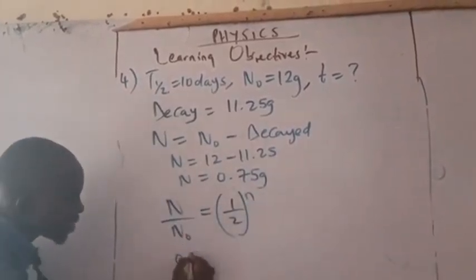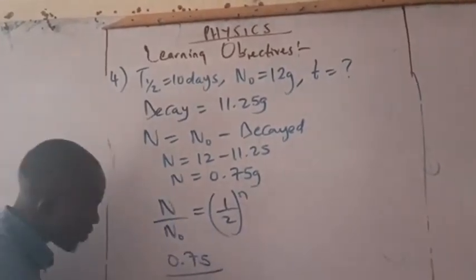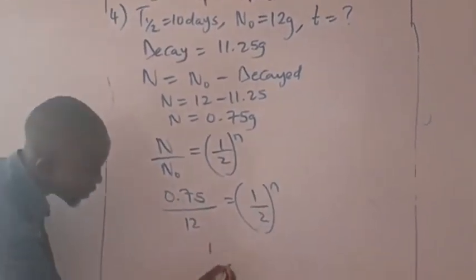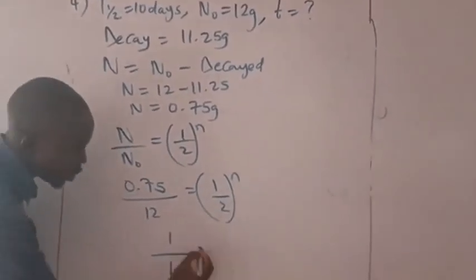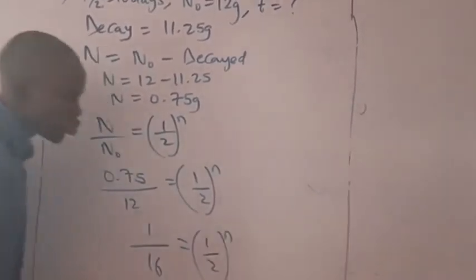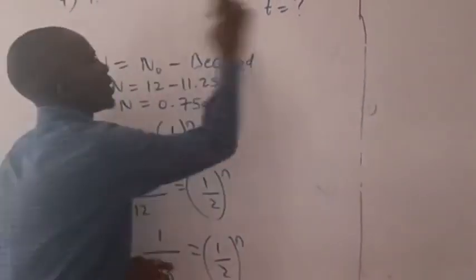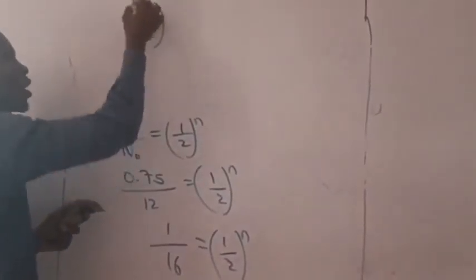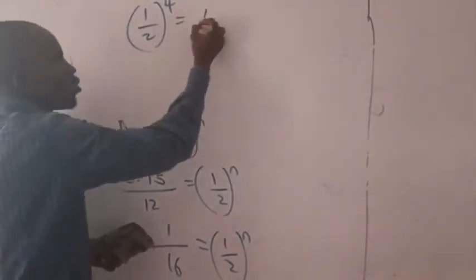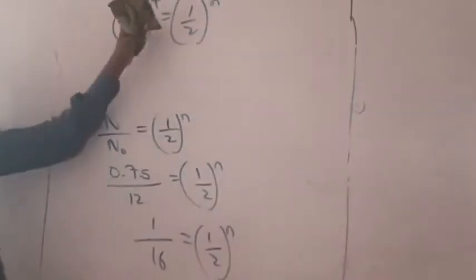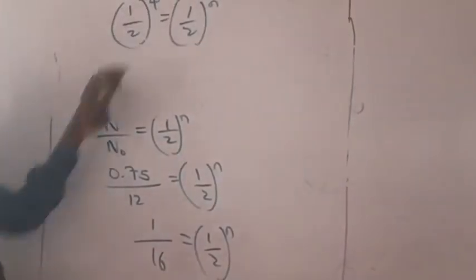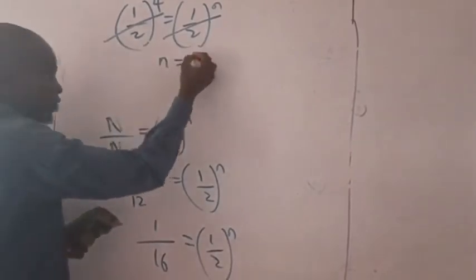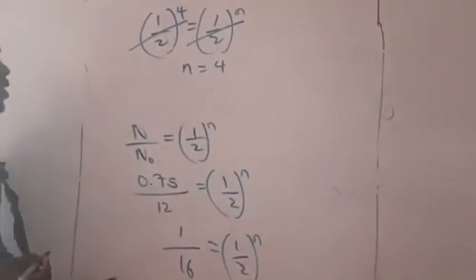Our N is 0.75, N0 is 12, equals 1 over 2 all raised to n. 0.75 over 12 gives 1 over 16, equals 1 over 2 all raised to n. Using indices, that will be 1 over 2 all raised to power 4 equals 1 over 2 all raised to power n, because 1 raised to power 4 is 1 and 2 raised to power 4 is 16. Our n is 4.